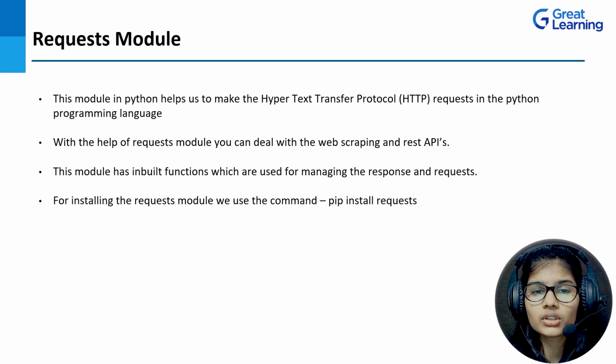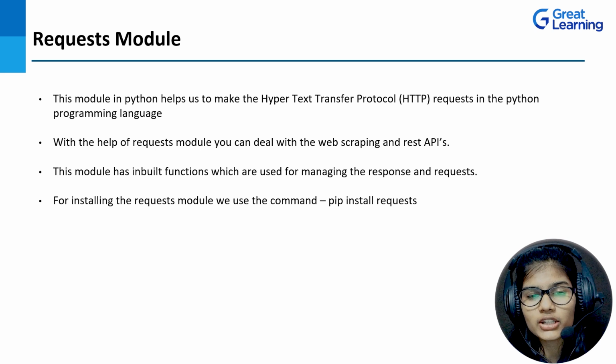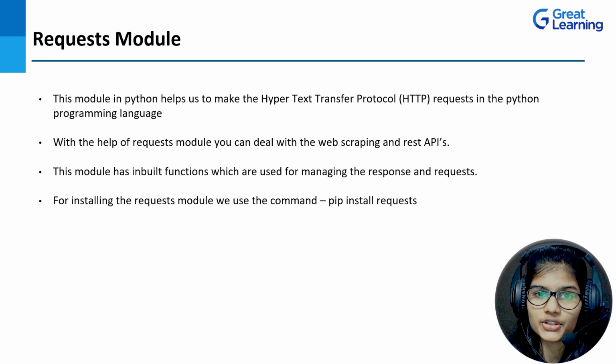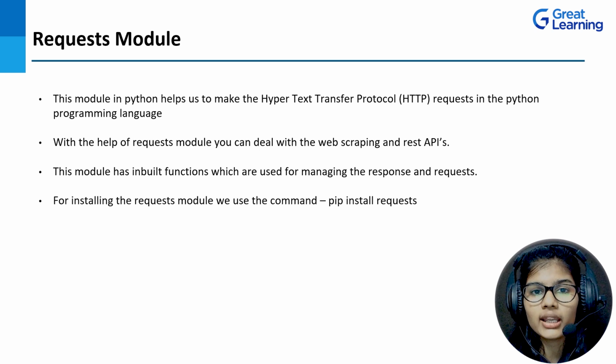Okay. So, for installing any of the libraries, we have different methods. The very first method is that you could use the relevant IDE, whichever you have. The second method is that you could use the command prompt. And the third method is that you could use Windows PowerShell as well for installing your library. The command for installing any library in the Python programming language is pip install.